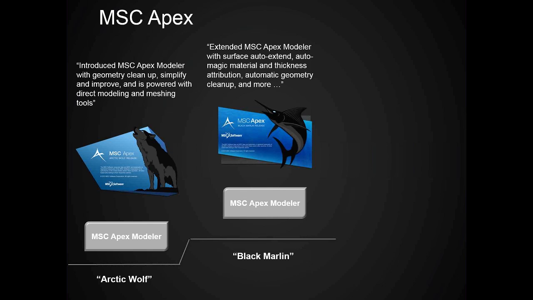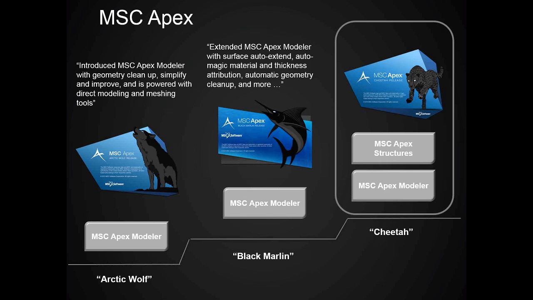After we got the feedback from you folks, we made the second release, which is Black Marlin, which was also targeted for the modeler only with additional features that you guys have requested. Today we are introducing MSC Apex Cheetah, the third release.